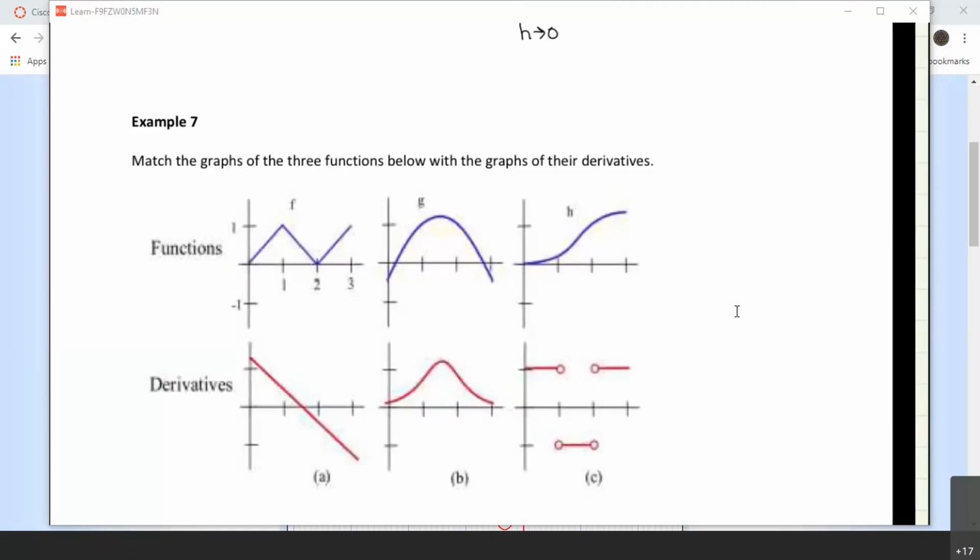Okay. Type 1, matched pair, and you're done. Again, let's turn around points first.